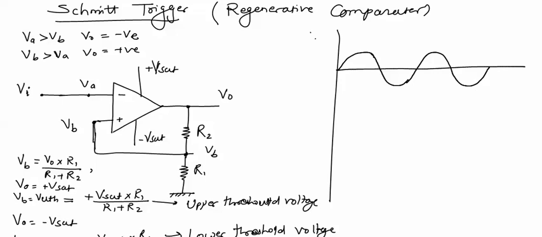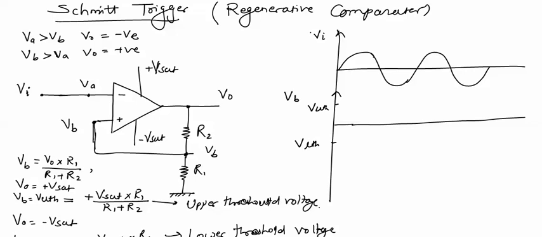This will be the input voltage Vi, and here we will plot voltage VB. VB can have two values, VUTH and VLTH.